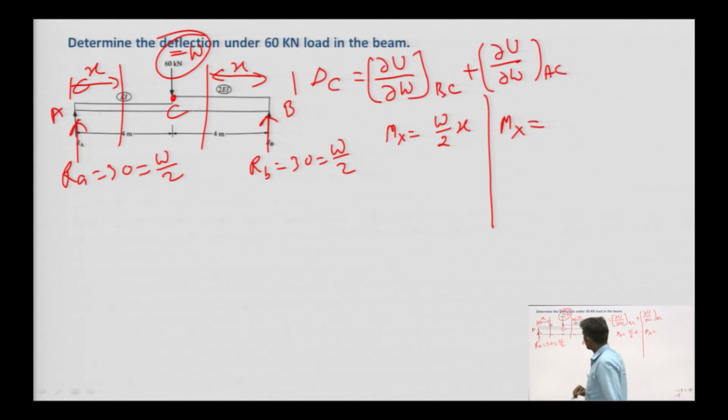For segment AC, this is clockwise, so minus W by 2 into x.